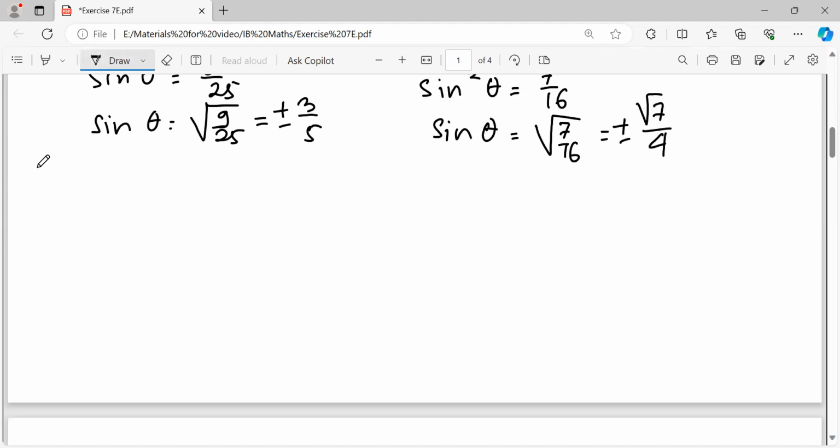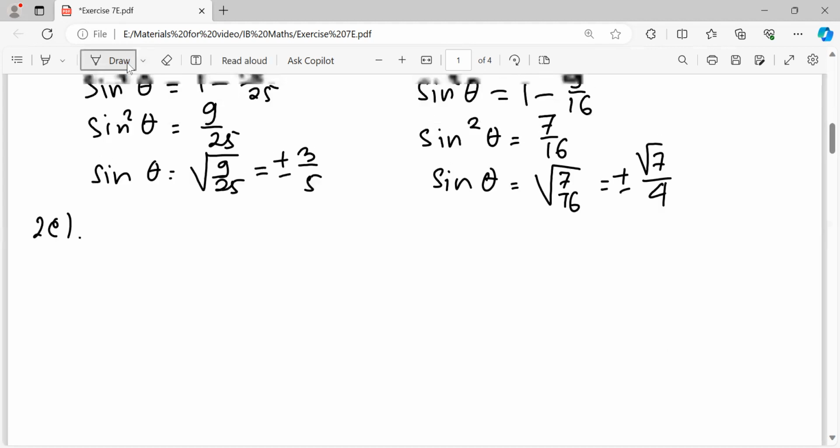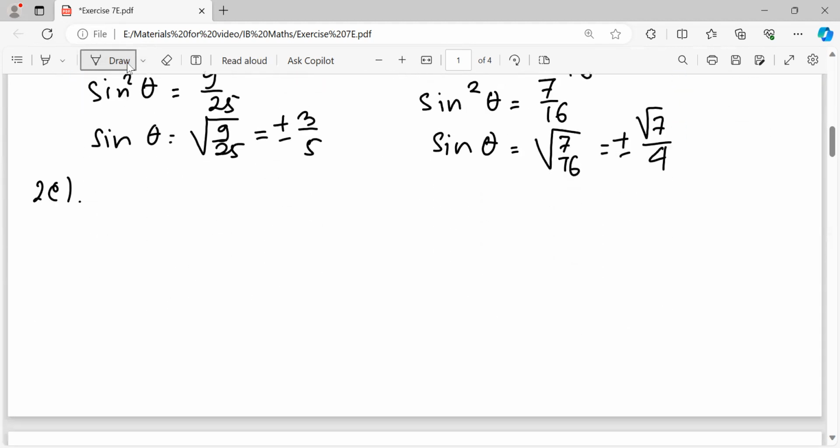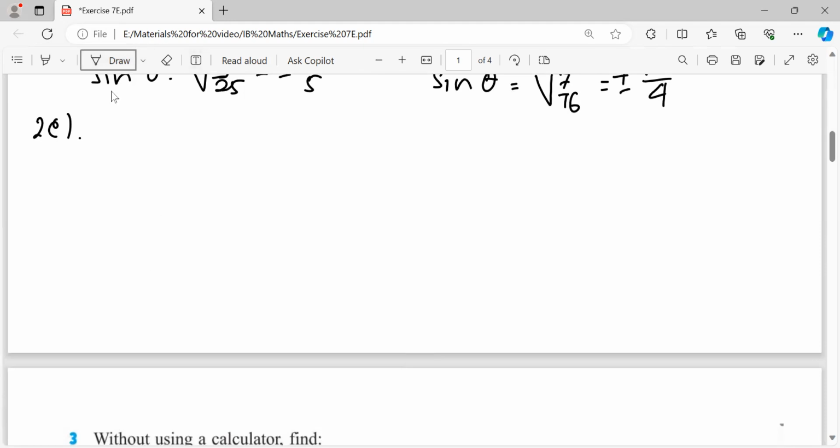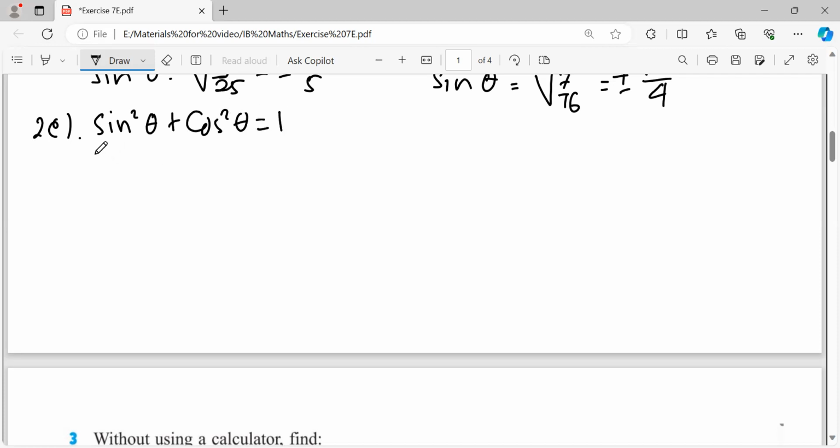Next, number 2c. Cosine theta equals 1. If cosine theta equals 1, it means this equation is going to be sine squared theta plus 1 squared equals 1. Sine squared theta equals 1 minus 1.